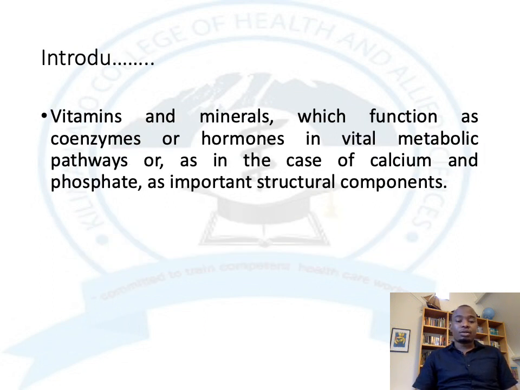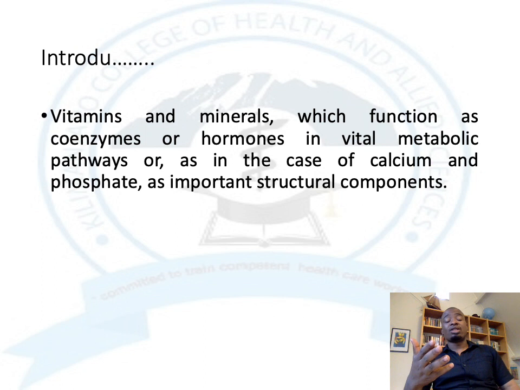Vitamins and minerals, which act as coenzymes or hormones, are very vital in metabolic pathways. Therefore, some people with deficiency of coenzymes, for example, are secondarily affected by vitamin deficiency or mineral deficiency.